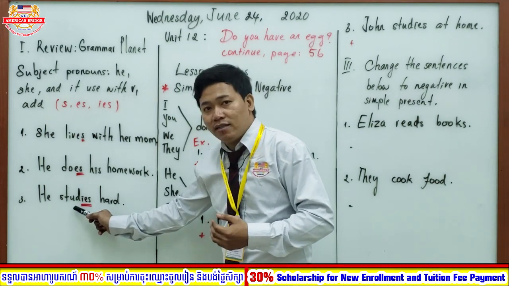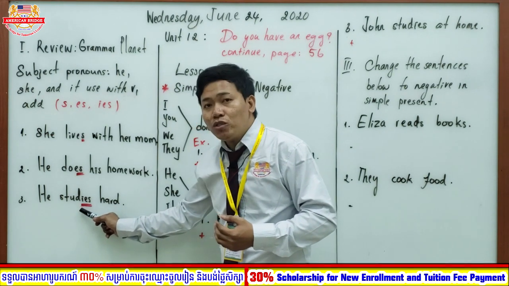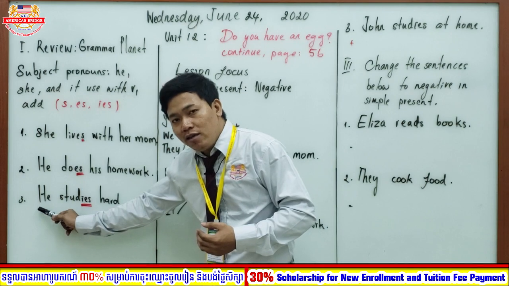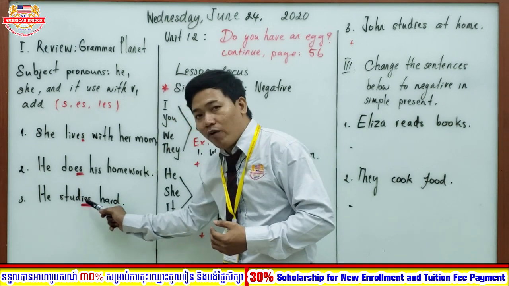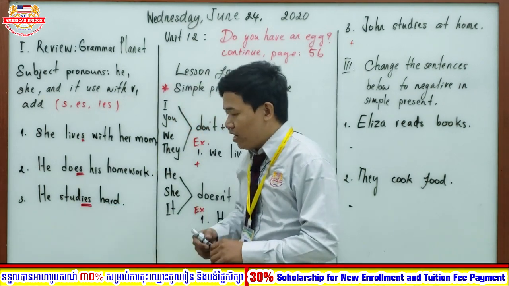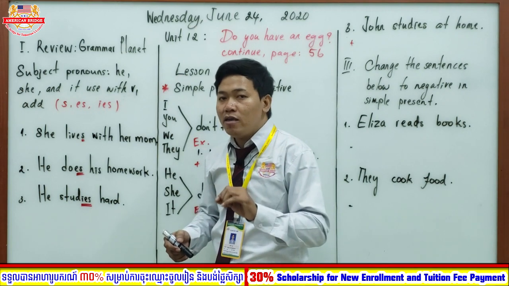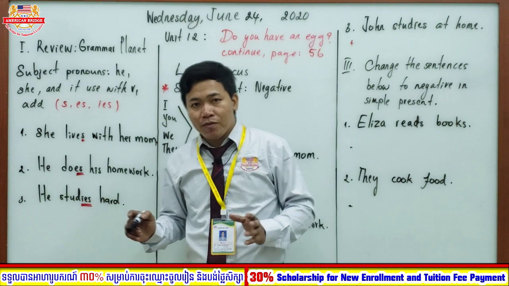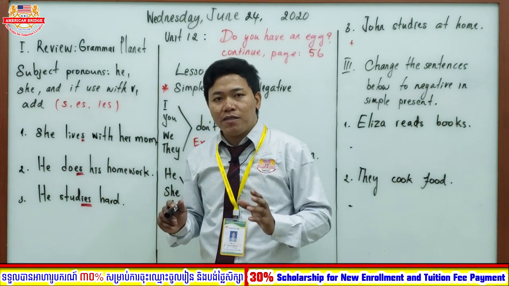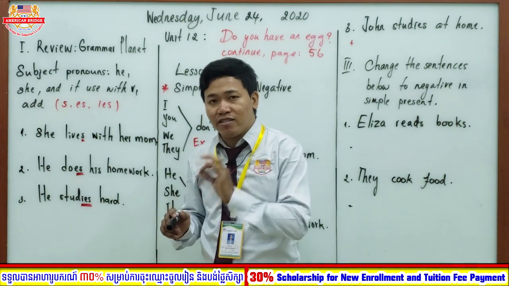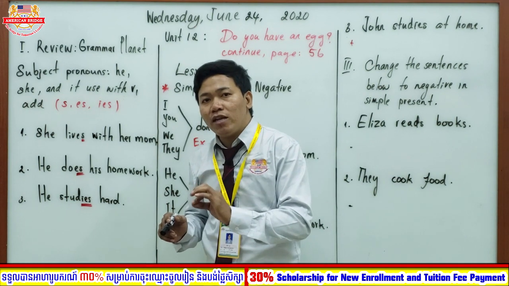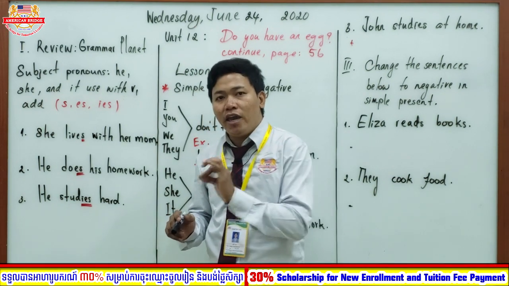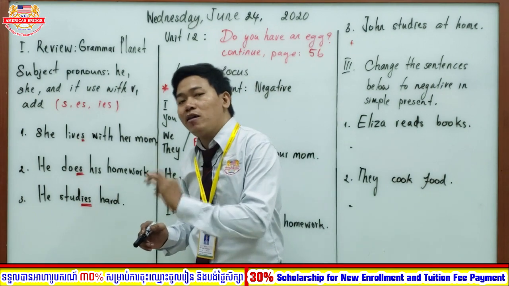D is a consonant, then the letter y, used with subject pronoun he. So we need to erase y and add ies. Remember, everyone, when verbs end in consonant plus y, used with subject pronouns he, she, it, we need to change y to ies.